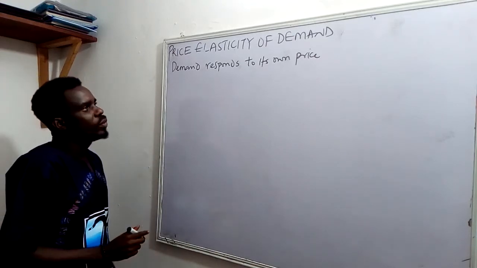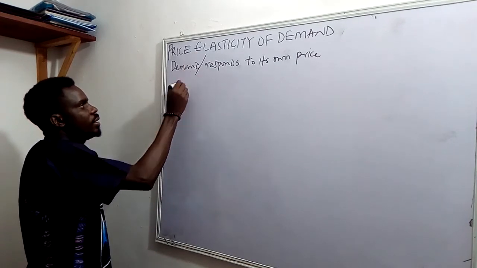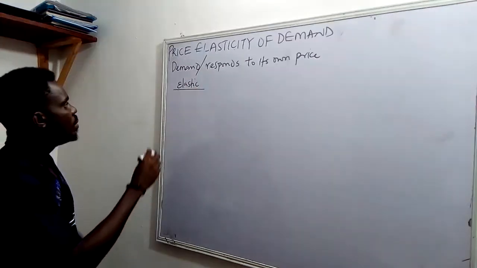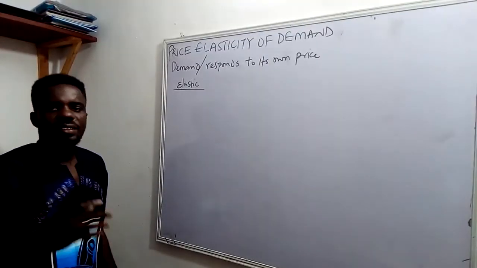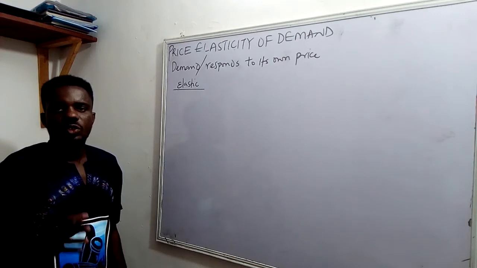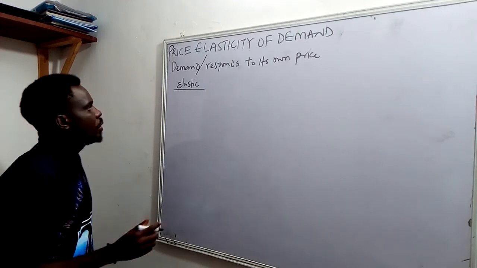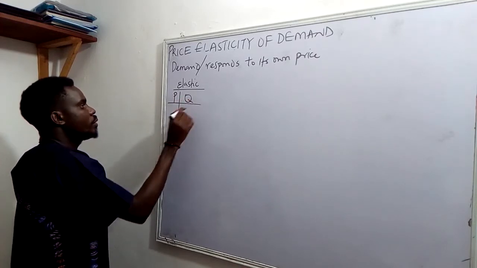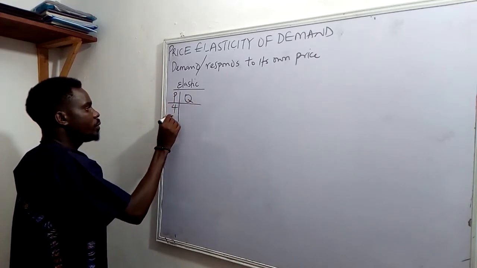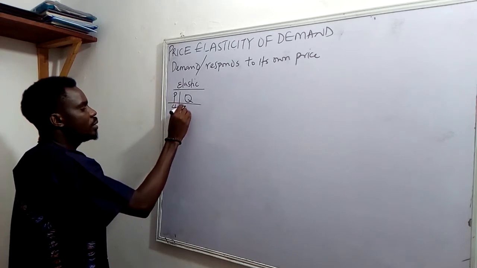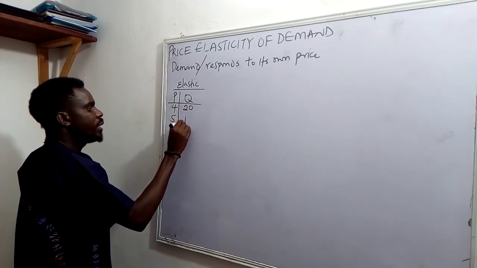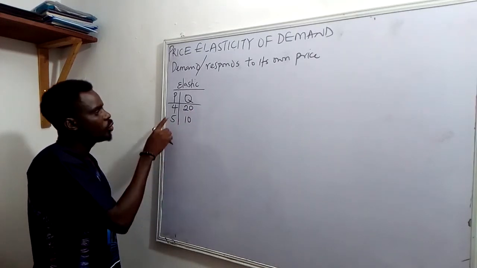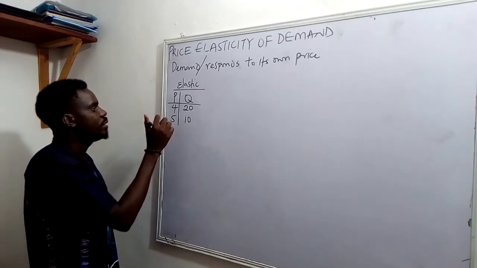The first scenario is known as elastic, meaning that demand responds more to changes in its own price. For instance, if as a result of a price increase from 4 to 5, quantity demanded drops from 20 to 10, we can see that demand responds more to change in price.